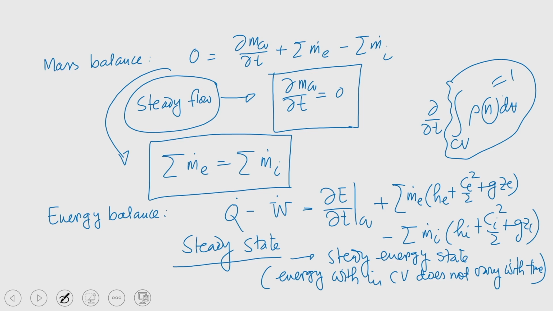Accounting for this steady state case, this term will be equal to 0. Energy within the control volume is not varying with time, so that is dE/dt of the CV equal to 0. So you know that we are left with this equation.